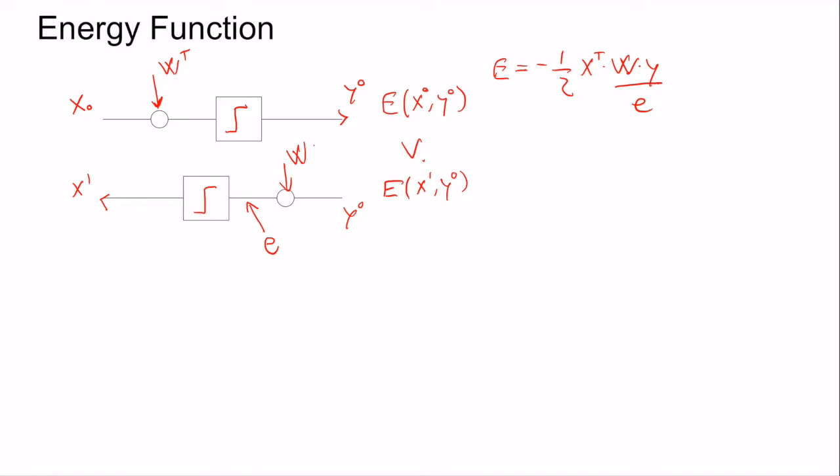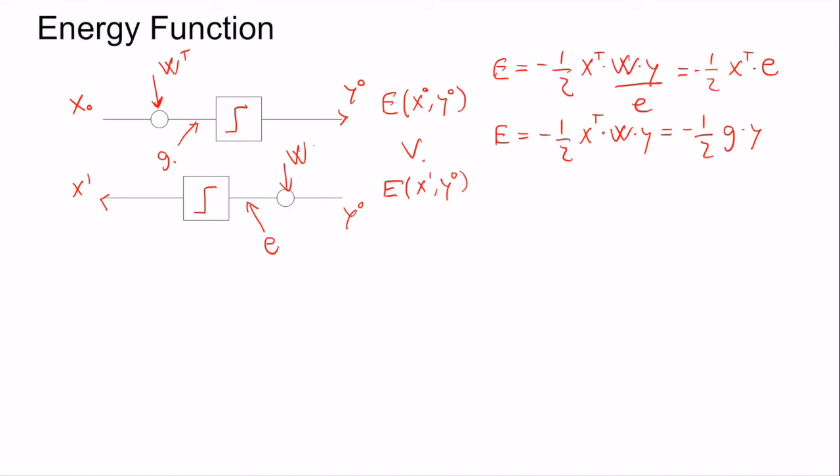Similarly, I could also call this the excitation of my output neurons, and denote it G. So this is also equivalent. This is x transpose times W times y, and I could write this as minus 1/2 of G times y, or as minus 1/2 of x transpose times E.